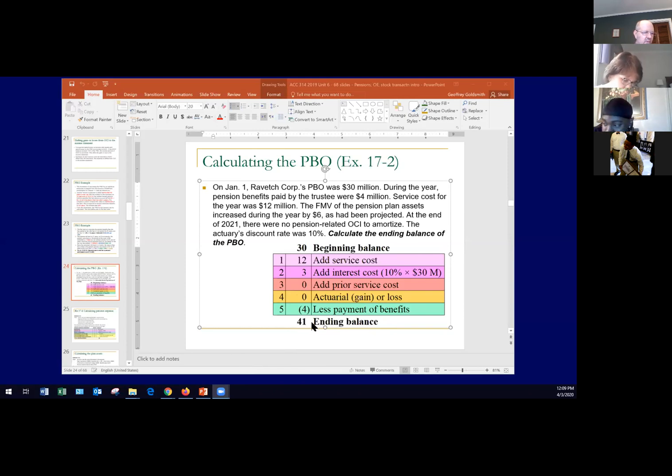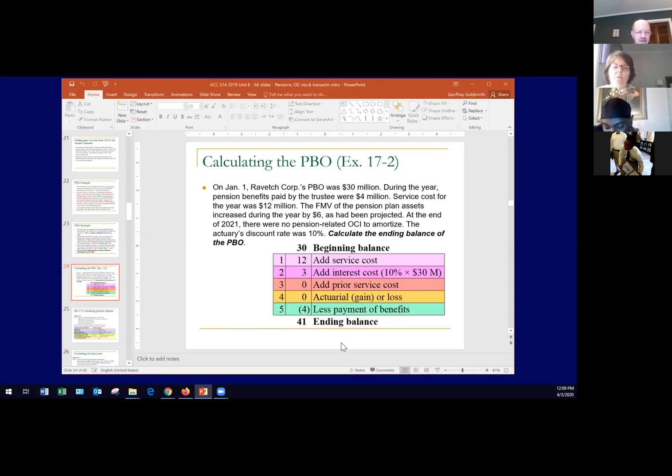So they owe them 41 million. This is a question about whether or not they have enough invested to pay for that. If they don't, then they have to show the difference as a liability. So this 41 is not a number that goes in the financial statements, but it is a number they need to calculate in order to know what to put in the financial statements.